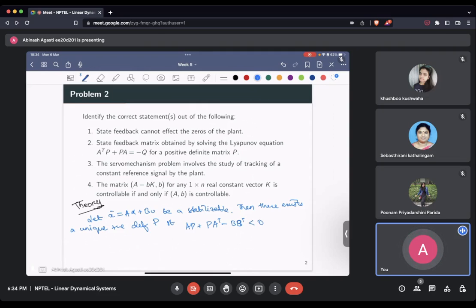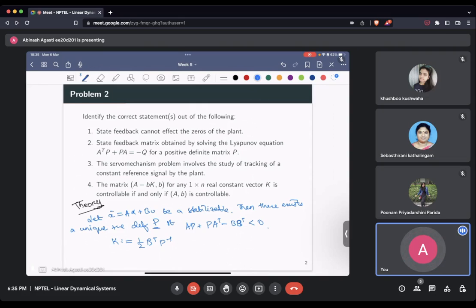This is a theorem that we know. So from here, I'll take this unique positive definite matrix P and define K as equal to half of B transpose P inverse. I can always take the inverse of P because it is a positive definite matrix, so it is always invertible.